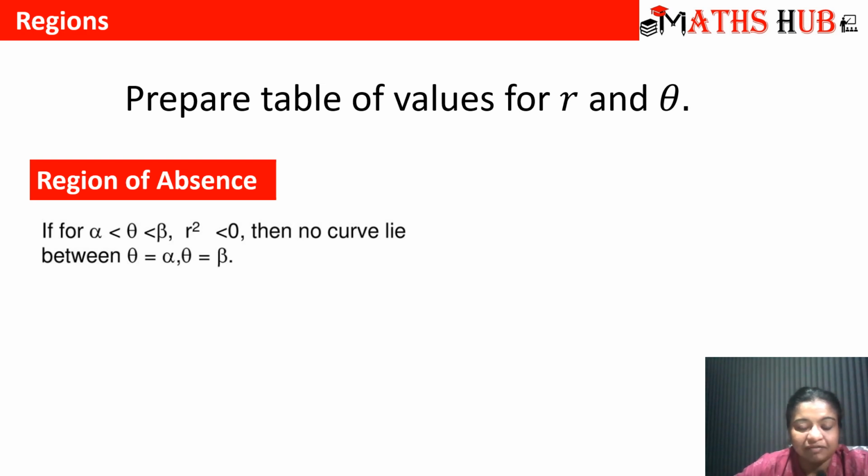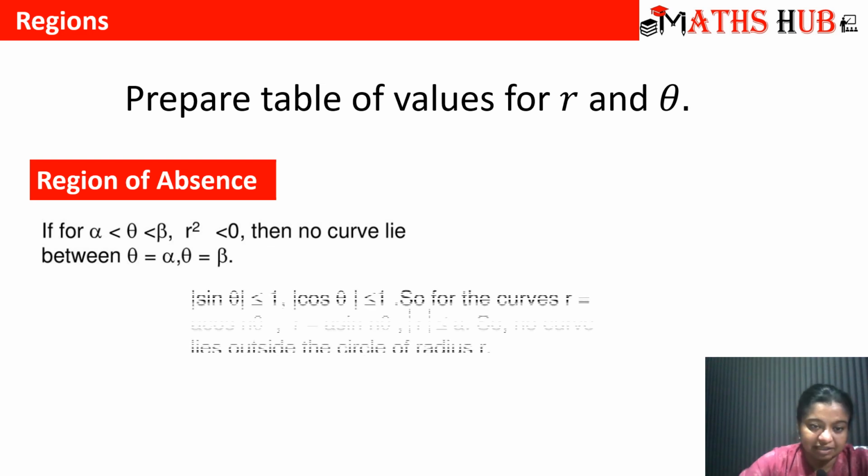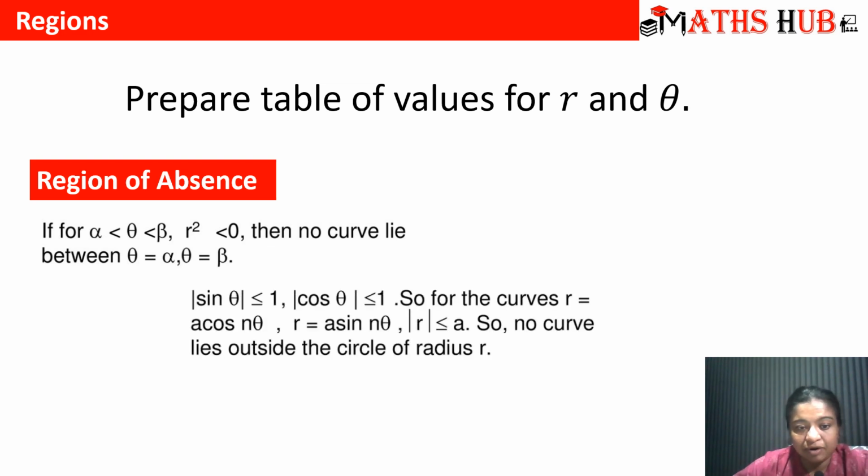And mostly when we are tracing curves in the polar system, we are given curves in the form of sine theta and cos theta, right? So whenever mod of sine theta is less than or equal to 1 and mod of cos theta is also less than or equal to 1, then for those curves r equal to a cos n theta and r equal to a sin n theta, mod r is always less than or equal to a, right?